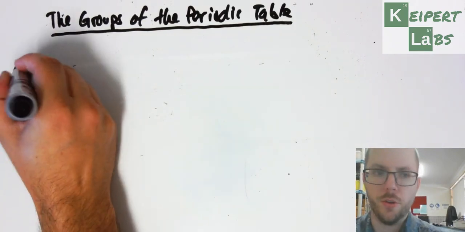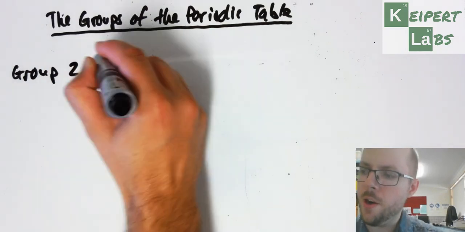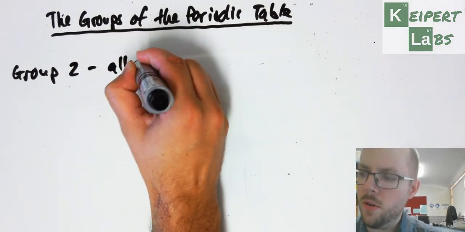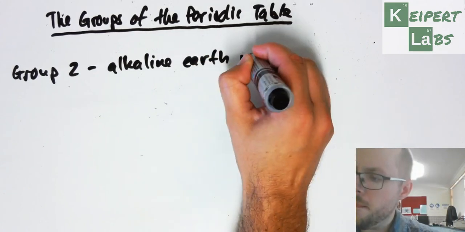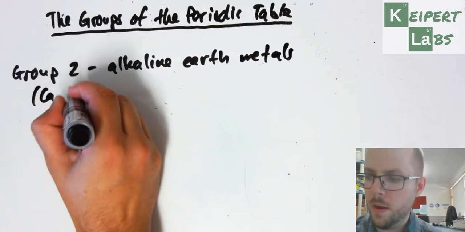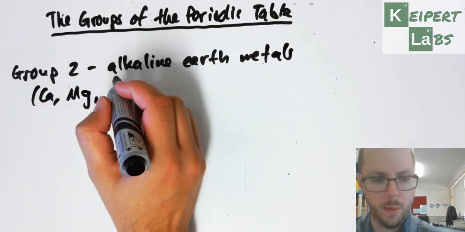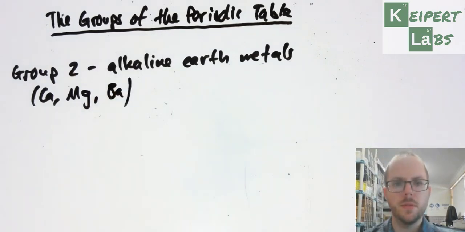Group 2 are known as the alkaline earth metals. Here we're talking about calcium, magnesium, and we might be talking about barium as some examples.